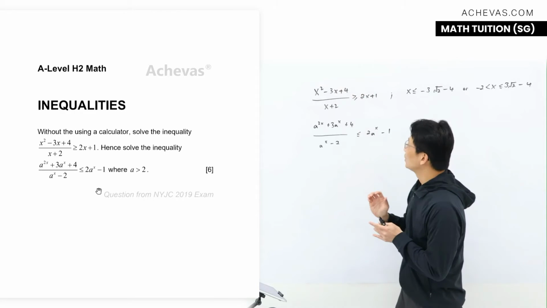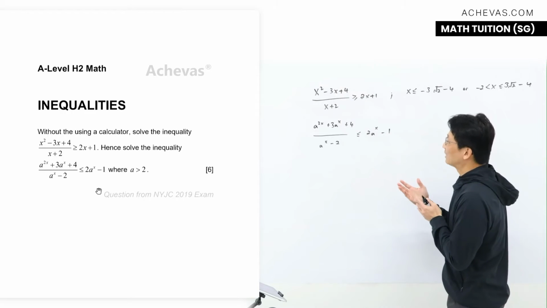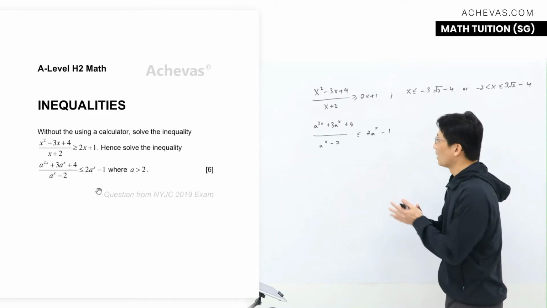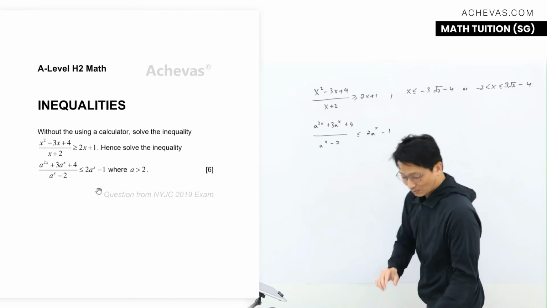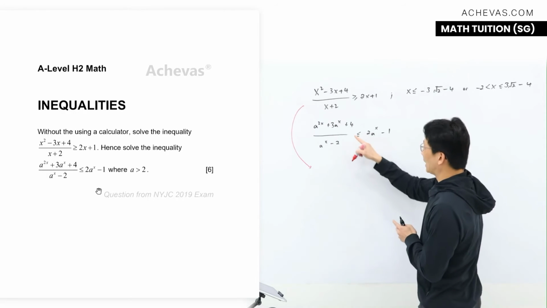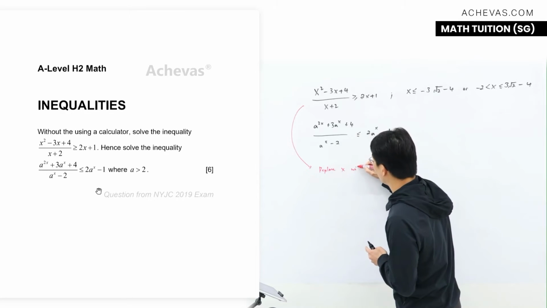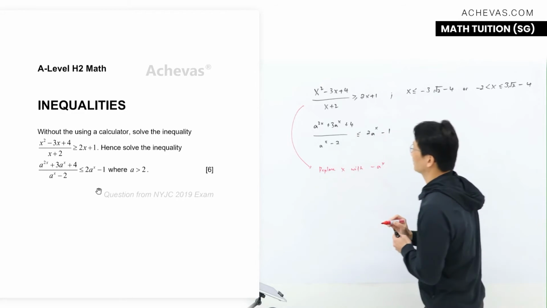By a bit of observation and trial and error, perhaps I can go for replacing x with minus a to the power of x. We can try to see whether I will be able to get this expression by replacing my x with minus a to the power x.